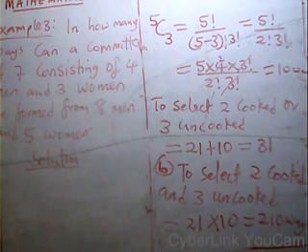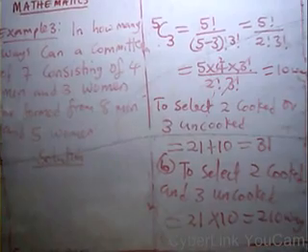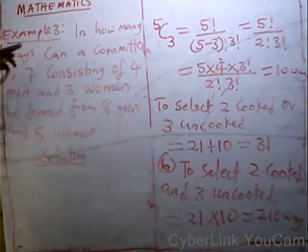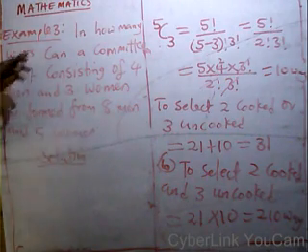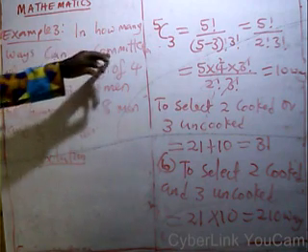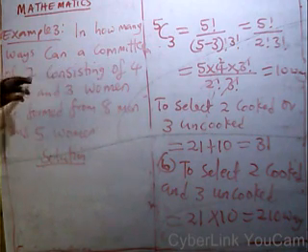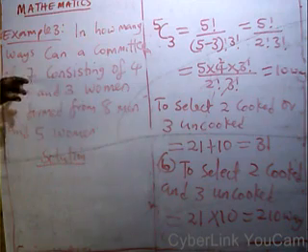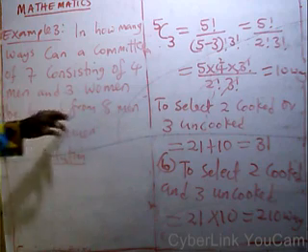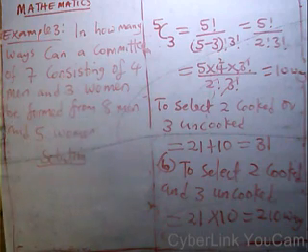Solution. Look at this very nice question. Let me read it properly so that you can understand. Example 3 says, in how many ways can a committee of seven consisting of 4 men and 3 women be formed from 8 men and 5 women?